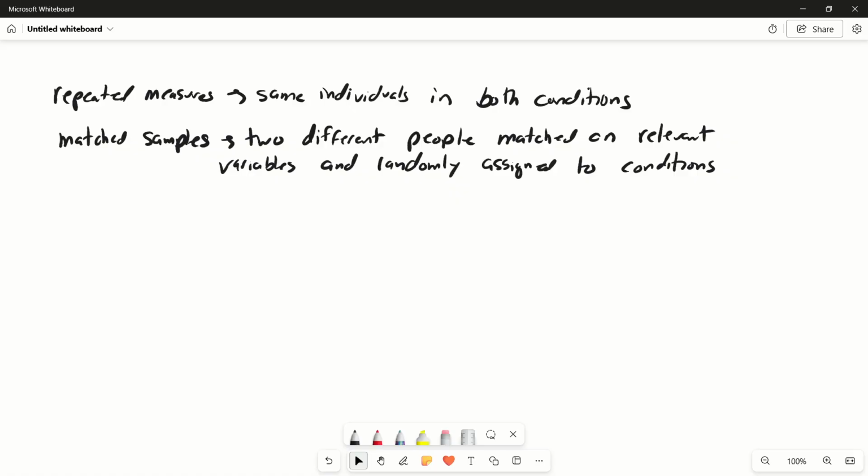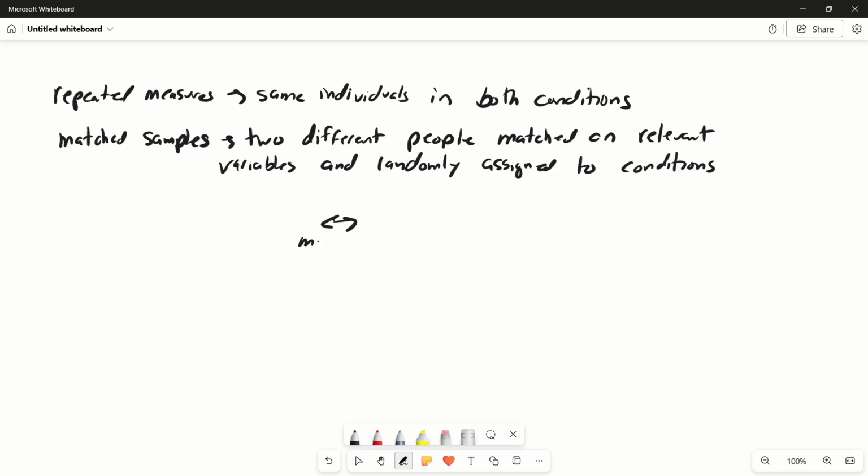Why would you do that versus the independent groups? It could make sense from a statistical point of view in terms of you increase the power of the study. But these are very rarely done. These matched sample designs, and I personally could not recommend doing them. Where you take two people, you match them, right?